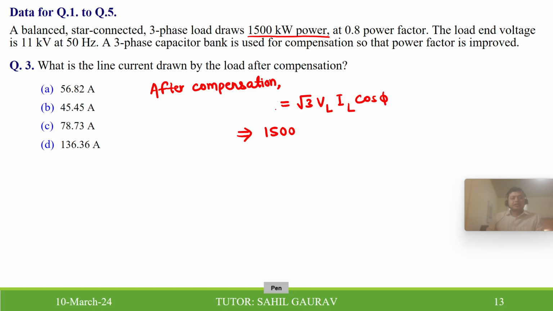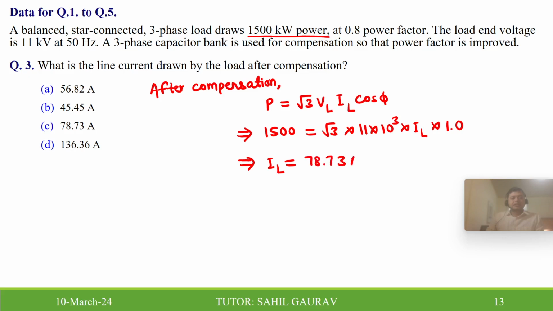So you will write here P equal to 1500 kilowatt equals root 3 times VL, VL is 11 kV, into IL, cos phi is 1.0. From here you will get IL as 78.73 ampere. Therefore, C is the correct answer.